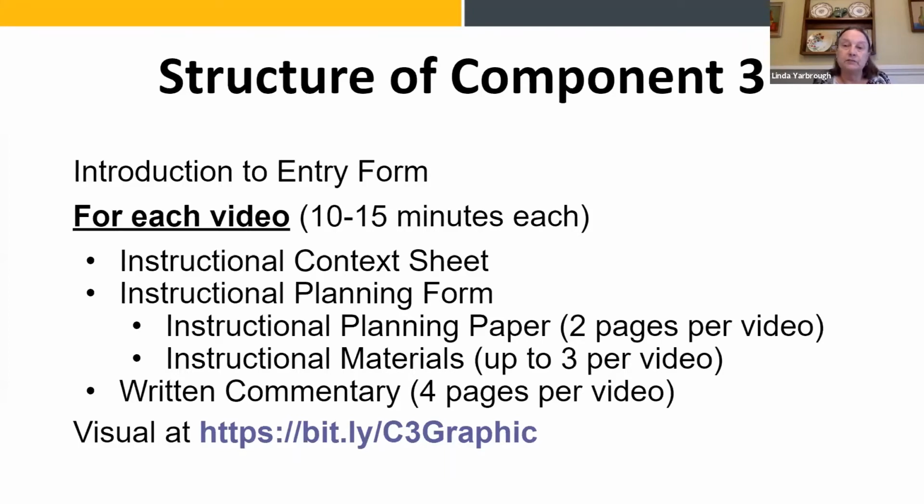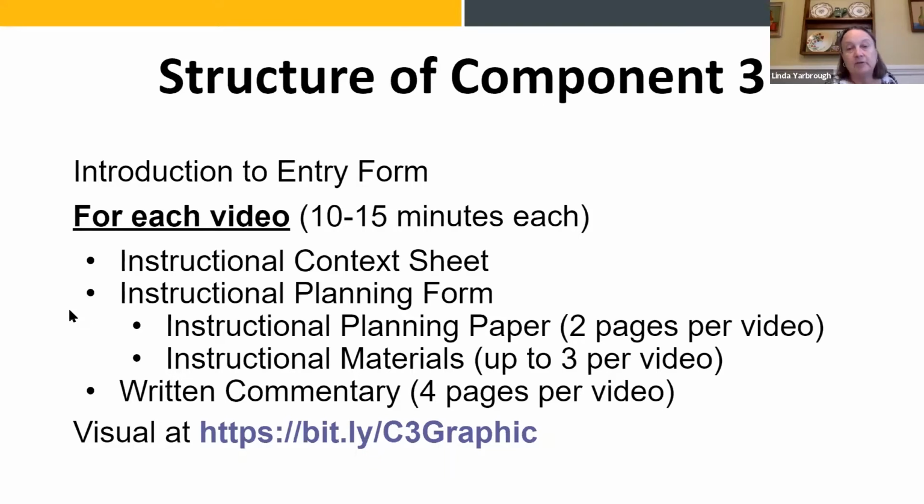So you could include a photograph of that chart. Or you might have a rubric that you're going to use to assess the student's work, or a copy of the assignment that they're working on. Any of those types of things would be examples of instructional materials that might help the assessor to understand the instruction on the video and that you might want to attach.